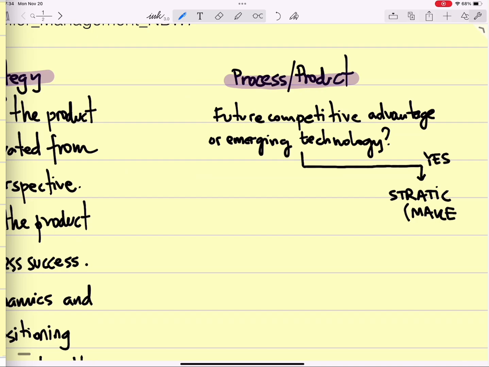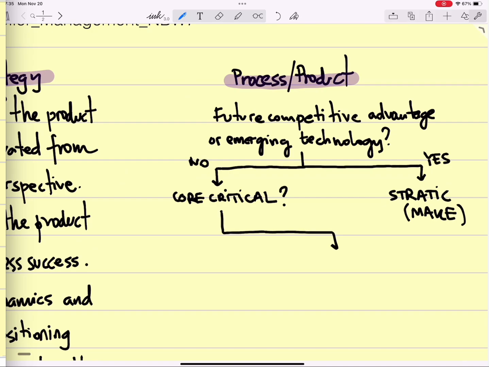If the answer is no, then it's core critical. And we can ask, is it core critical? And then if the answer is yes, we say core.